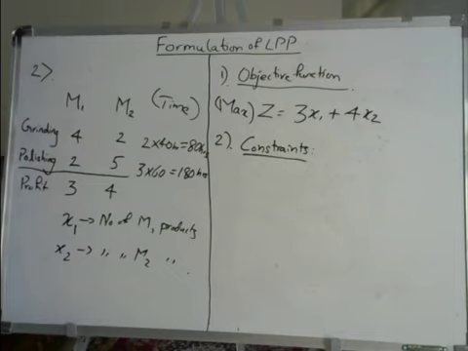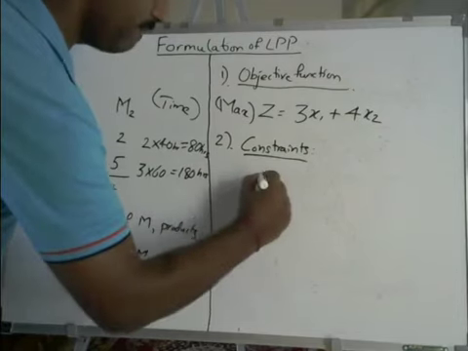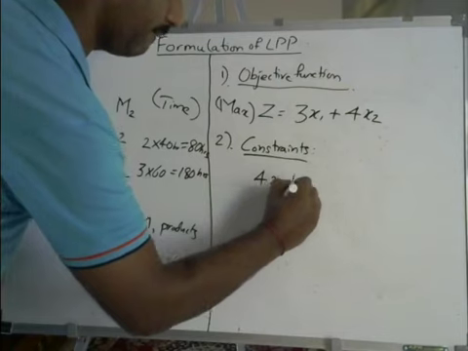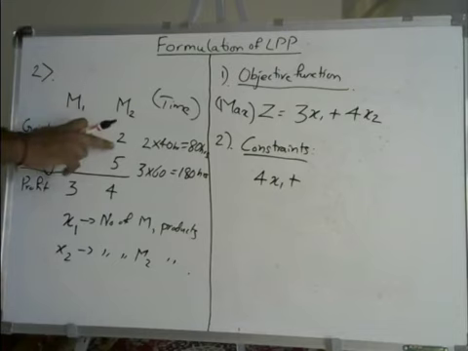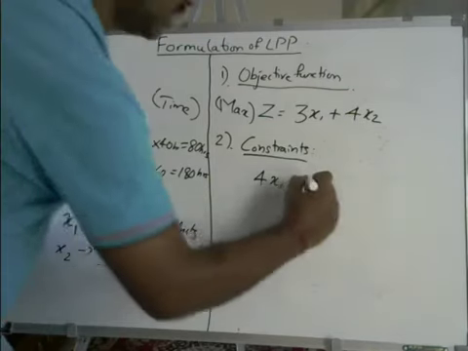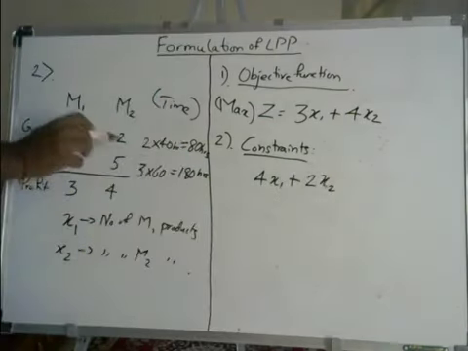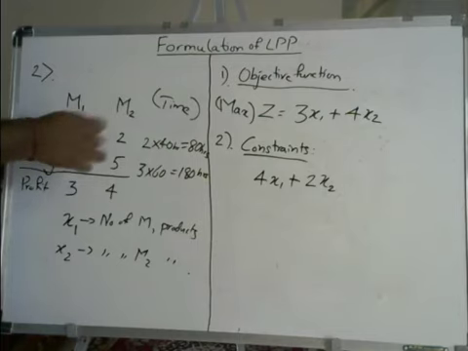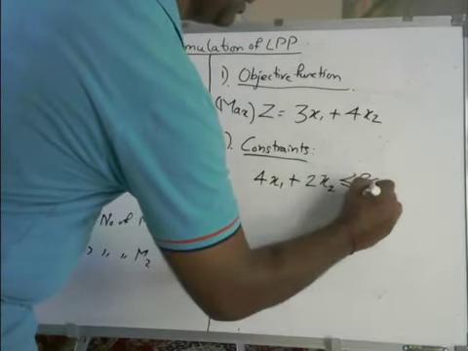The time constraint for grinding is 4x1, that is 4 hours of grinding for M1, plus 2x2, 2 hours of grinding for M2, which should be less than or equal to 80 hours.